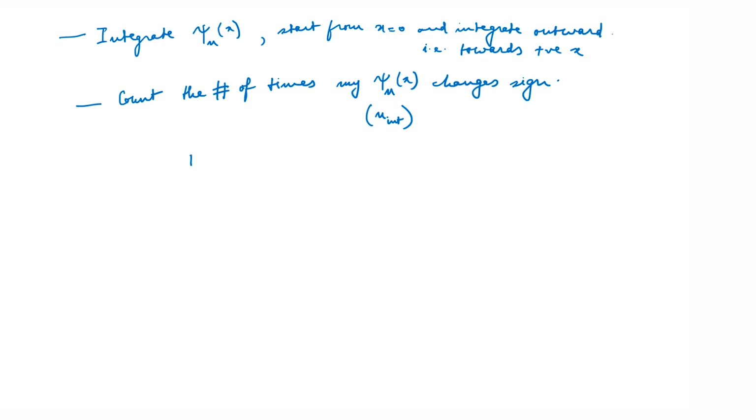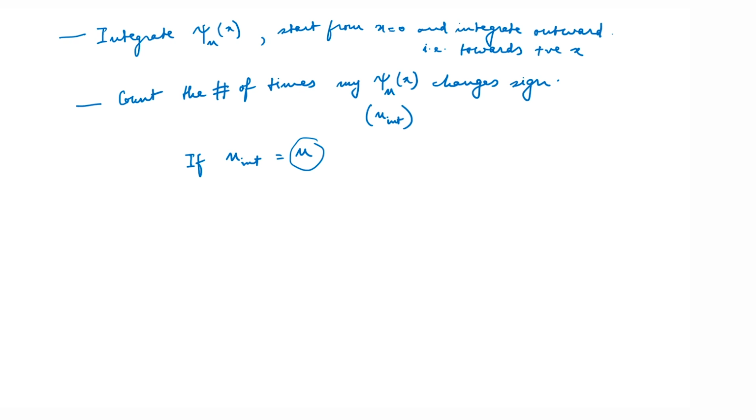Now, if my n int is equal to n, which is my desired solution with n number of nodes, then my energy eigenvalue is correct and this is my correct solution. But for all practical purposes, you will not get this in your very first guess. So your n int will be either greater or less than the desired number of nodes.